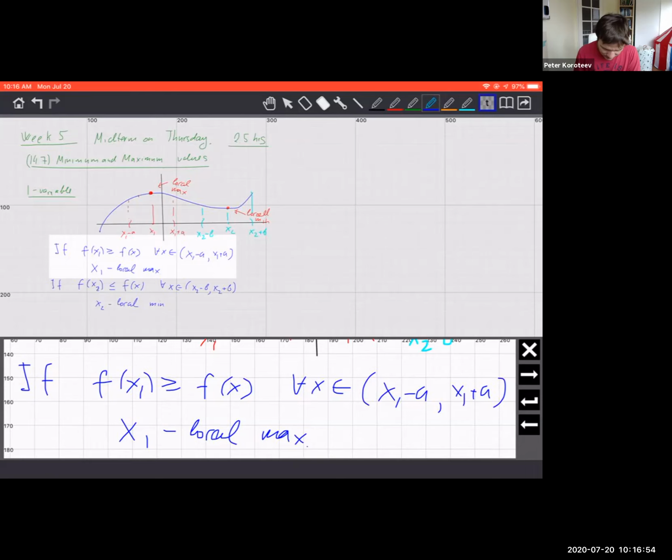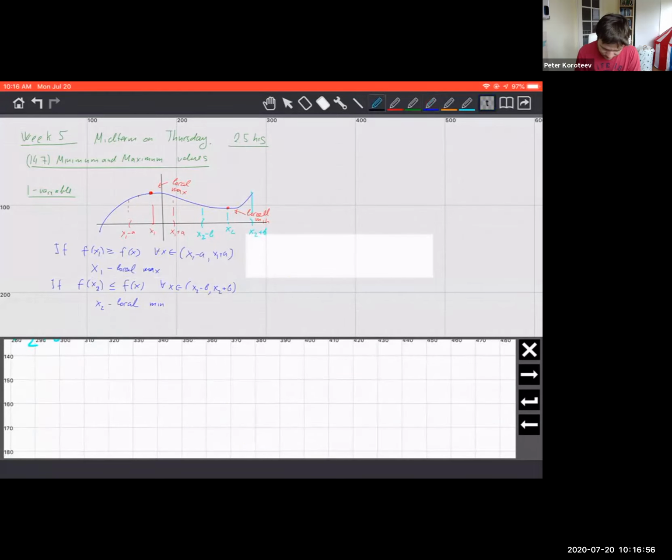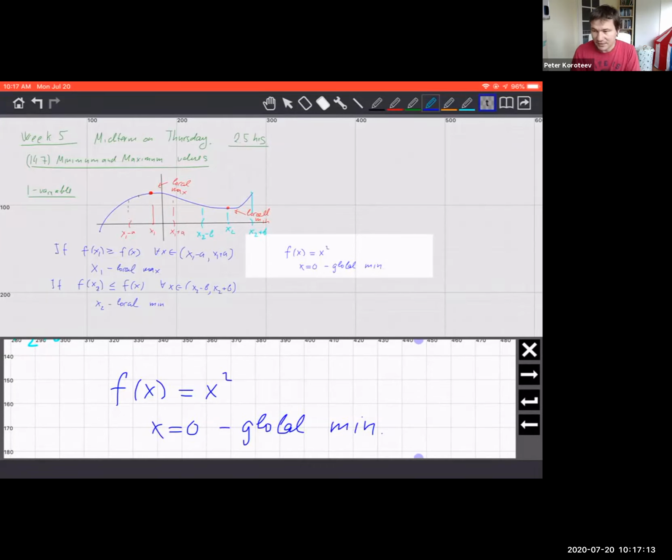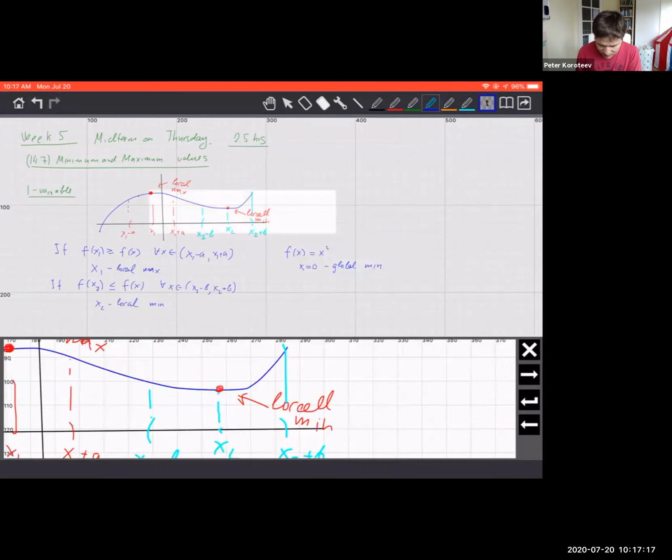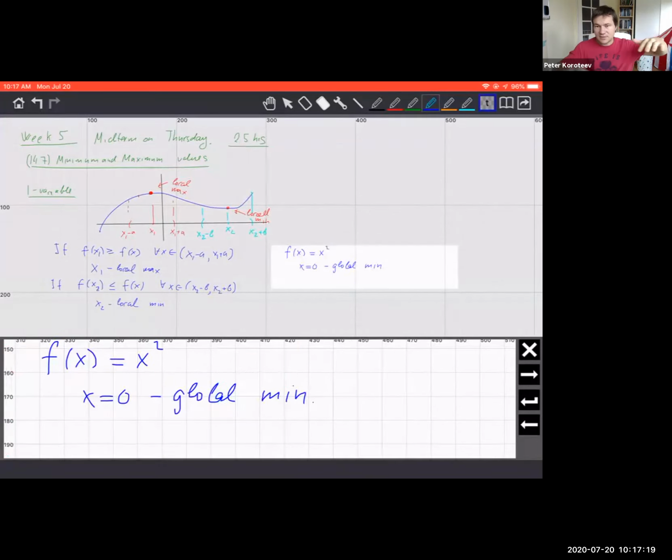So for example, if you take f of x equal to x squared, we know that x equals 0 is the global minimum. In order to study the global behavior of the function, you need to understand not only what's going on in the neighborhood, but also what happens everywhere else in the domain of definition.